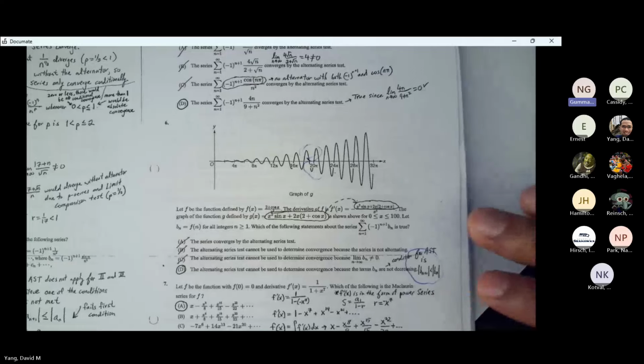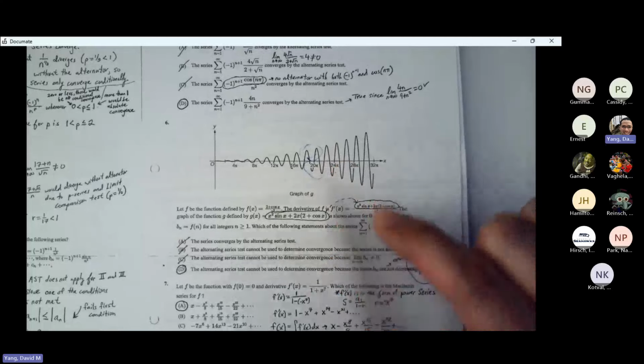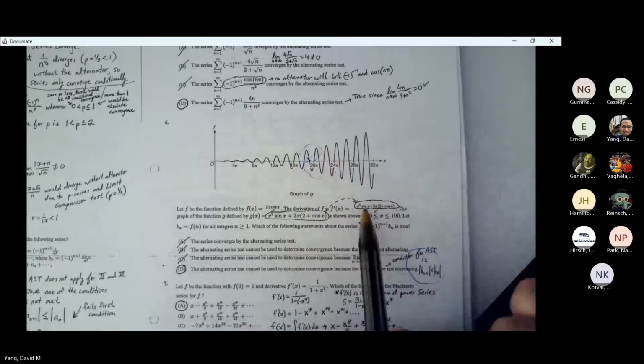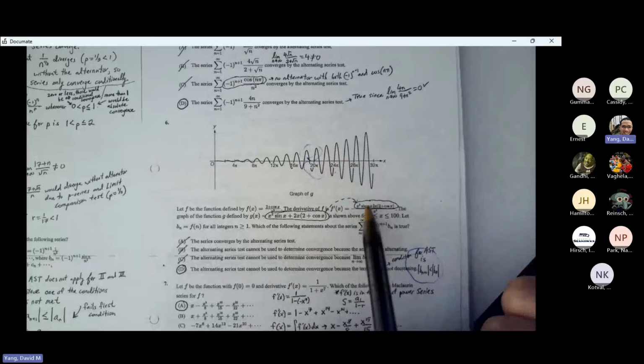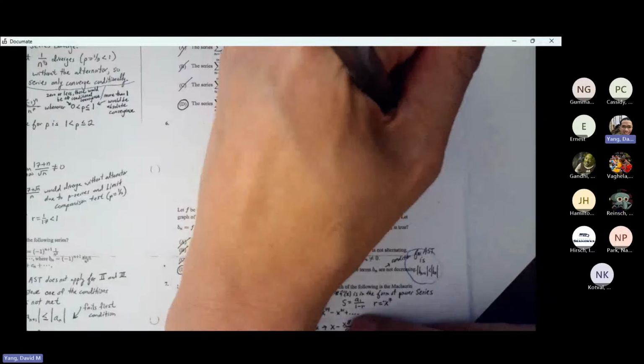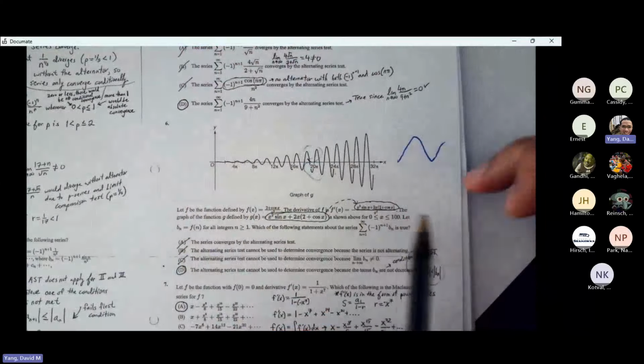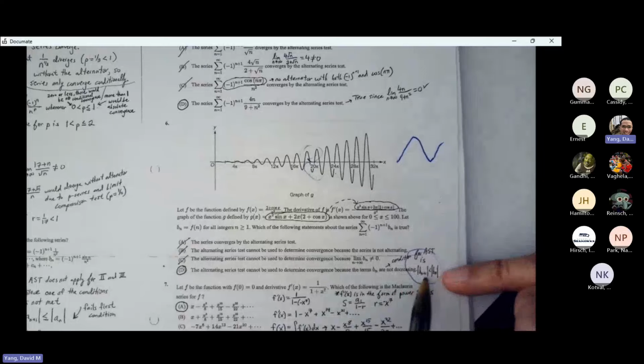You can't say for sure. It's not the oscillating part. It's the fact that this f prime is going to have a positive and negative slope. So if my f prime is positive and negative slope, that means my value is increasing and decreasing. If my value is increasing and decreasing, then it's no longer always decreasing.